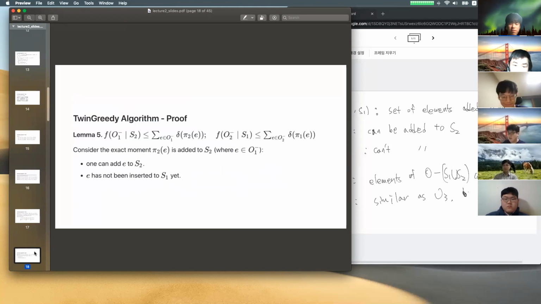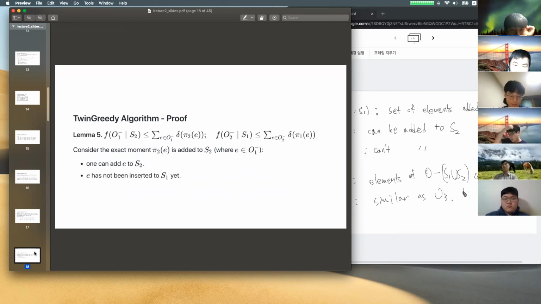So for lemma 5, we'll consider the exact moment when pi2 E is added to S2, where E is an element of O1 minus.